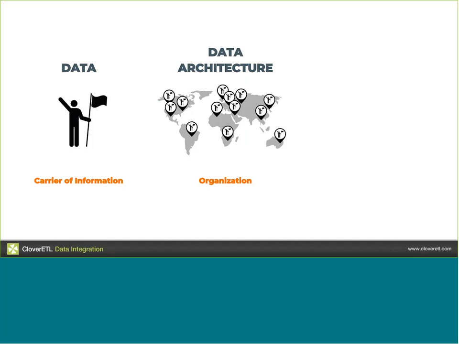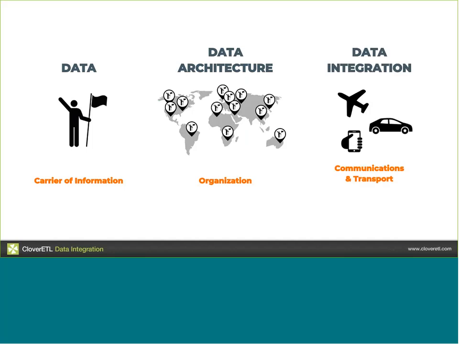It's the governing regulations, it's the relationships, it's everything that puts it into some form and some order. Then data integration is the communications and transport layer that enables us to fulfill these relationships, to enable those exchanges and data paths.